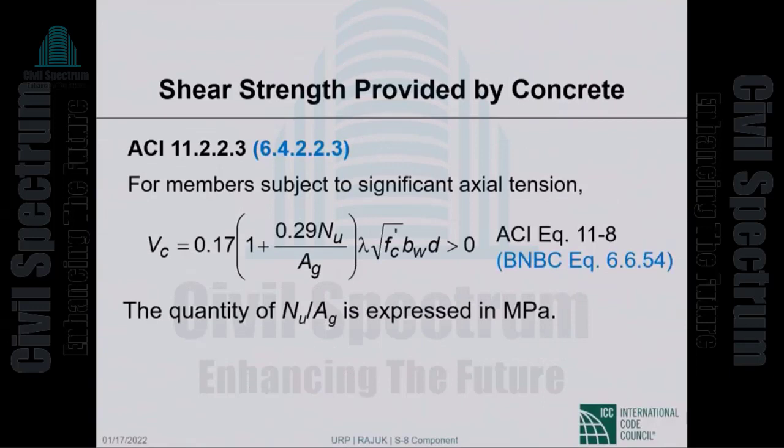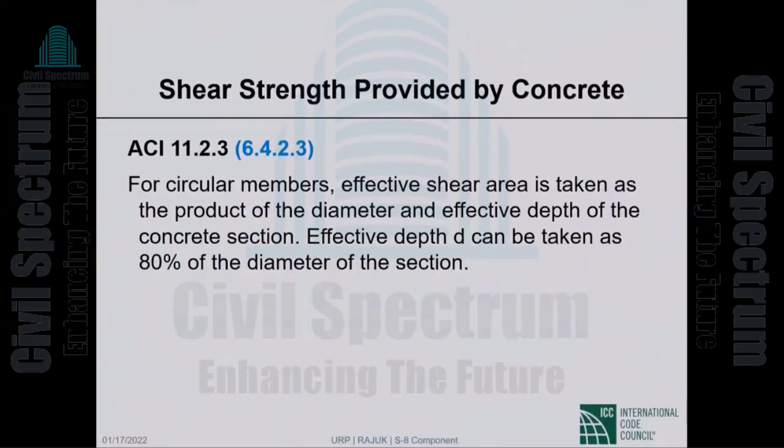Here, when you have significant axial tension, instead of taking V sub C as 0, there is an expression, so you can get something out of the concrete. So that is regular calculation, there is detailed calculation of V sub C. That detailed I skipped to save a little bit of time.